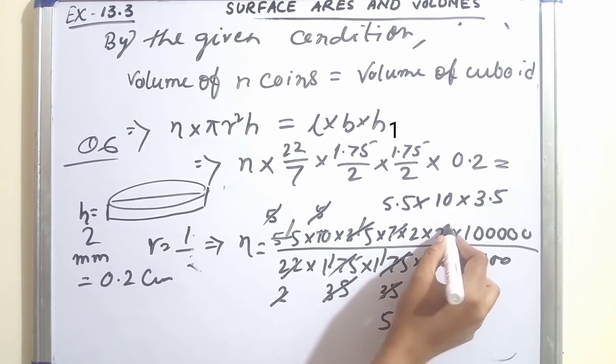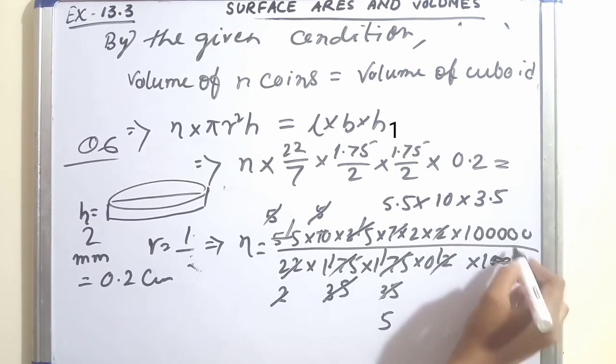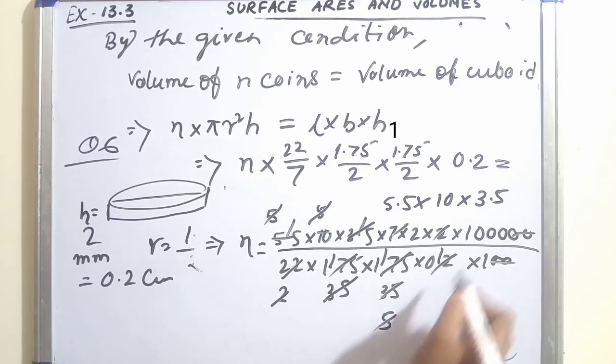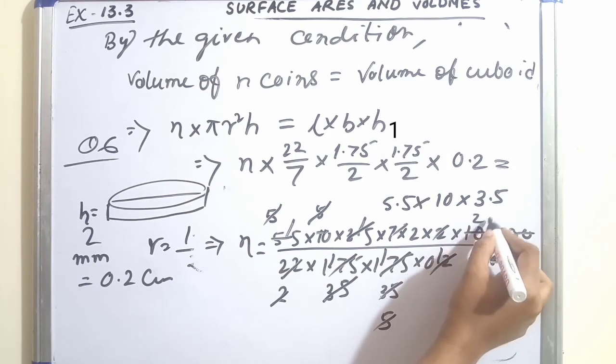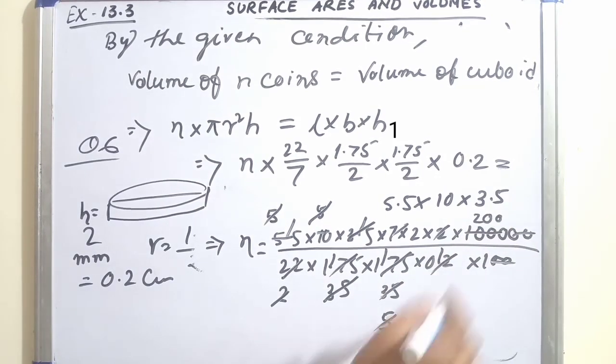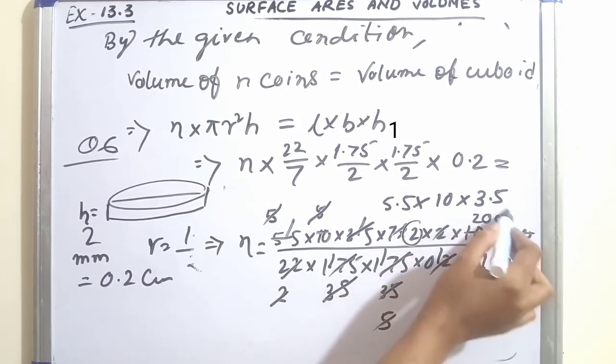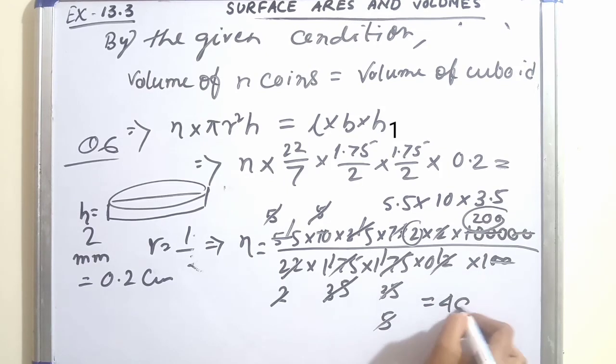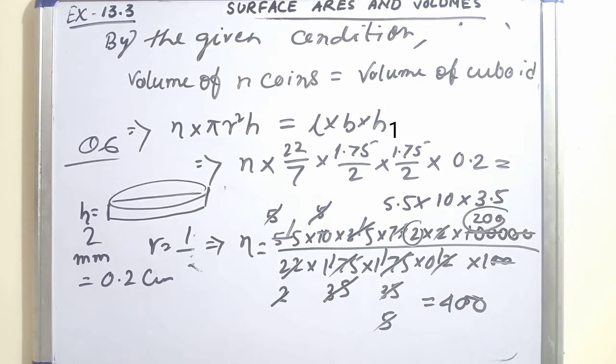Now these 2 cancel out, 5 2s are 10, 200. That means 200 into 2 is equal to 400. So the number of coins is equal to 400. That's the answer. Thank you.